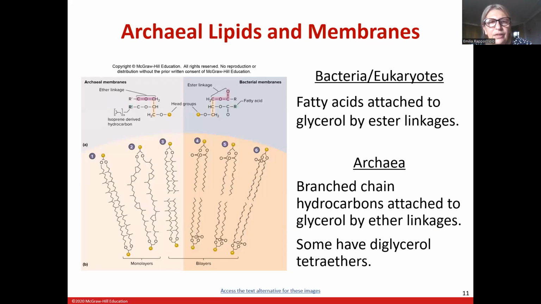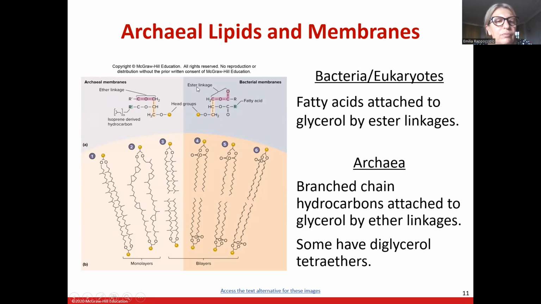And this figure here shows the difference between bacterial membrane here on the right and archaeal membrane on the left. First of all, let's look at the linkage. You see here you have the glycerol and the fatty acids attached to the glycerol.